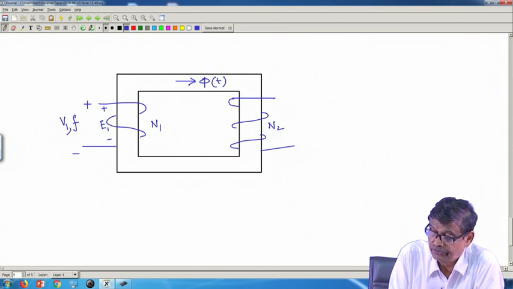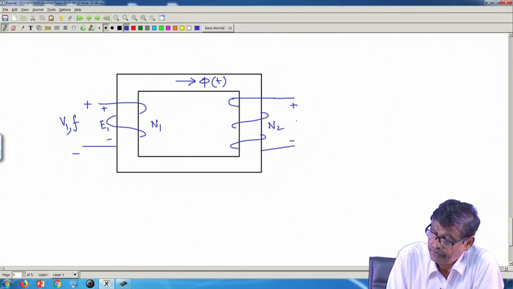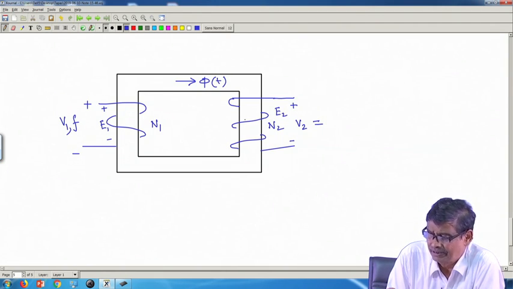Then these two terminals also become a seat of EMF. The value of this voltage V2 is nothing but E2 only, which is the terminal voltage. There is no distinction between V2 and E2 right now.